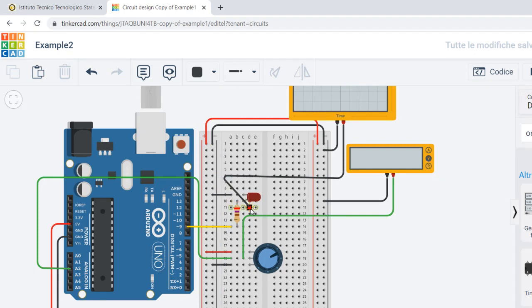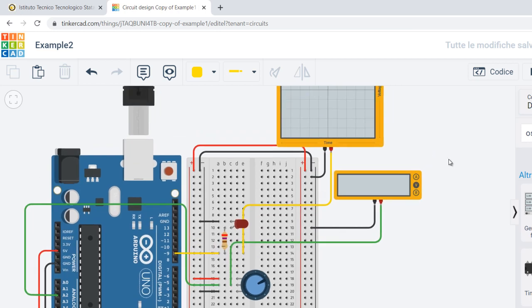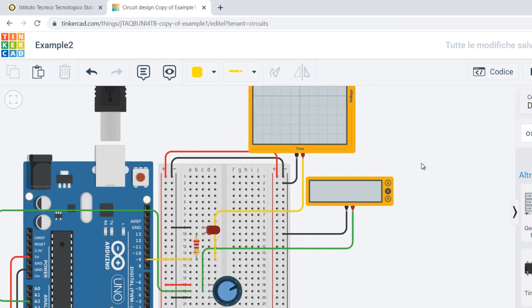So, for instance, we can put it here. Okay, so we can observe the waveform on the oscilloscope.